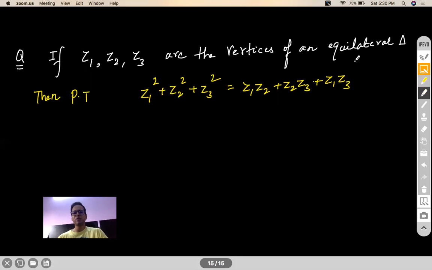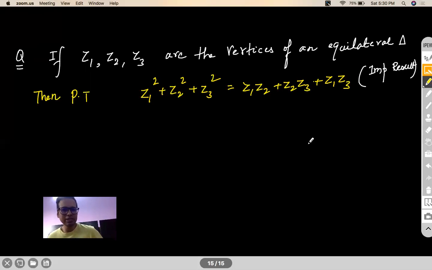This is actually an important property also. If you can remember it, well and good, because this is used in many of the concepts.